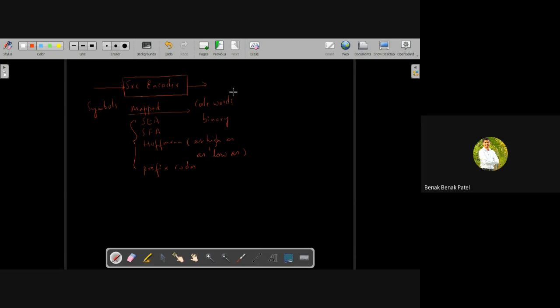But the thing is, I cannot directly send these code words to the modulator. I can do that, but this leads to a lot of errors. Right after the modulator, we have this channel. So before I transmit these code words to the modulator section, we'll introduce one more new block called the channel encoder.